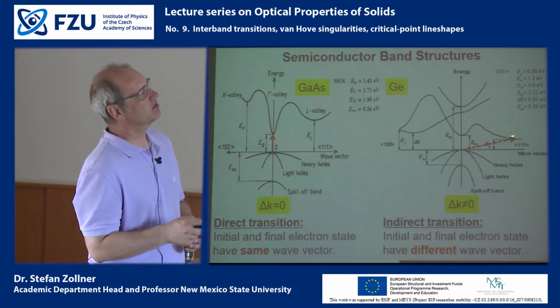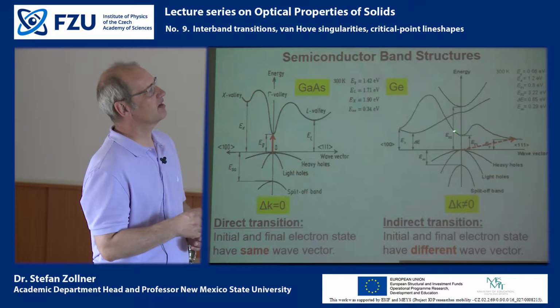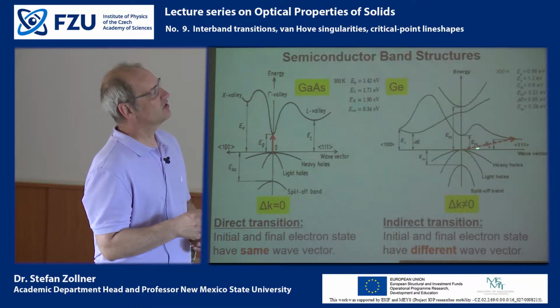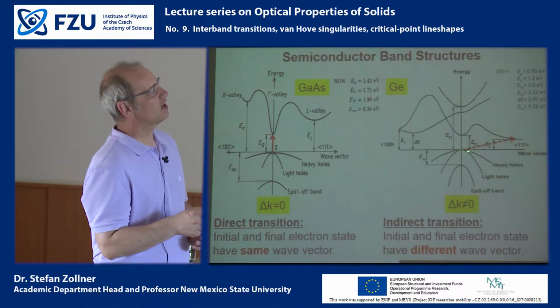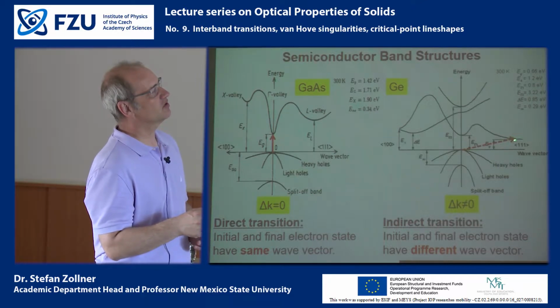Now in germanium, the L minimum, the conduction band minimum at the L point, is the lowest minimum in the conduction band. The L minimum is lower than the gamma minimum or the X minimum. Therefore, the lowest absorption process that can occur in germanium goes from the top of the valence band at the gamma point to the minimum of the conduction band at the L point.